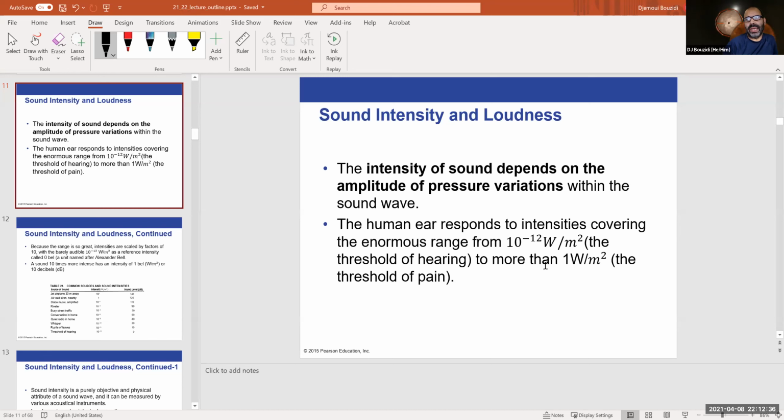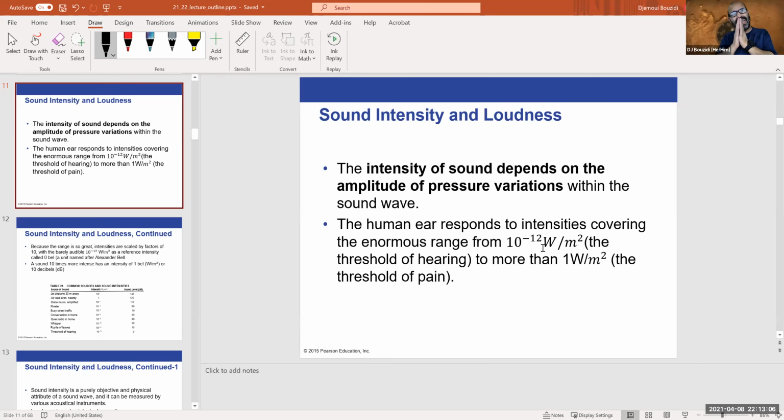The intensity, as I was saying, is measured on a very wide scale from 1 watt, that's the power, 1 watt per square meter, again depending on how far you are from it, to 10 to the negative 12 watts per meter squared. Remember, if you convert this back to pressure, this is a very, very tiny change in the atmospheric pressure. The atmospheric pressure is a huge one.